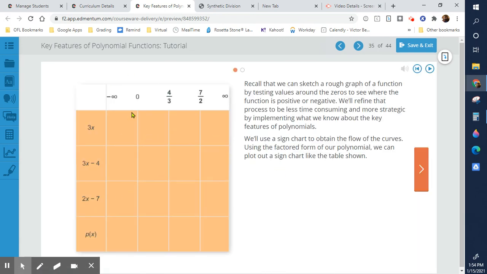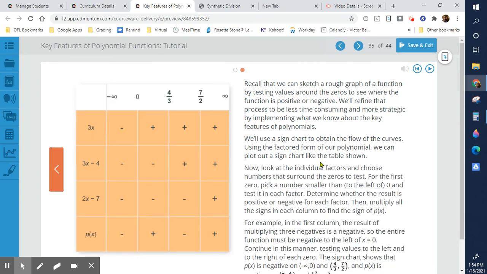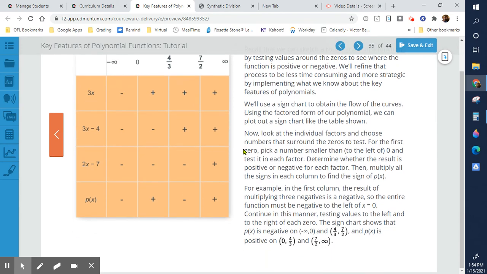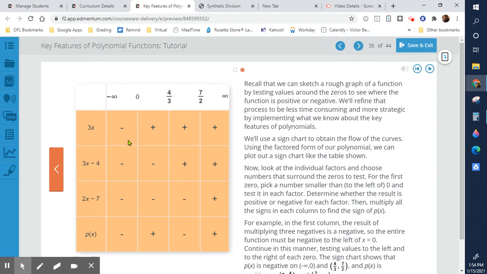So what we're going to do is test out a point that's smaller than our 0. This was one of our critical points. So we're going to try negative infinity, so we're just going to try a negative number. And when we do that, we get all of this stuff here. So as we do this, we get negative, negative, negative, positive. They're basically just plugging in these factors into each one of these.